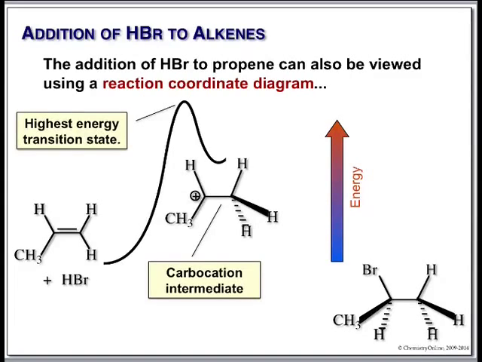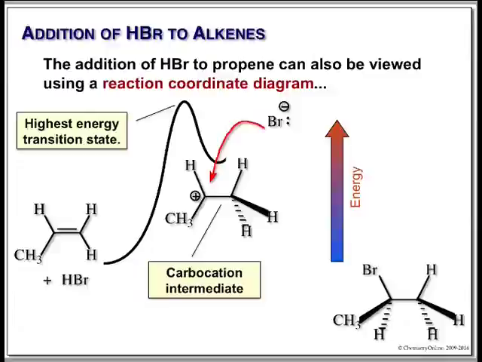The next step in the reaction is going to be a fast step, because carbocations are very reactive species. What we have is bromide anion floating around in solution. We get that from HBr. Proton goes here, bromide's left over. Bromide is now our nucleophile. Remember, a nucleophile is looking for a positive center.